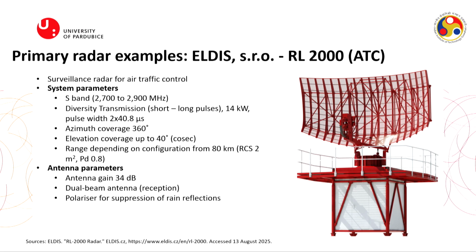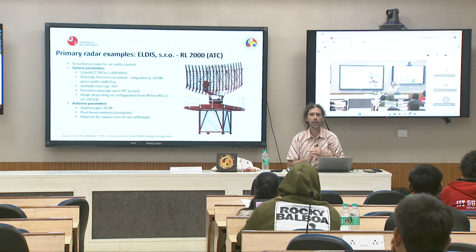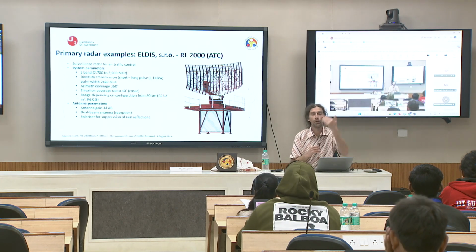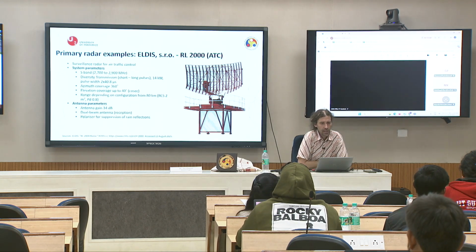So you think, oh, it is really big power. Why? Because this pulse is really short. It will be some microseconds, or some 200 nanoseconds or something like this. So it is a big peak power, yes. Also this radar has azimuth coverage of 360 degrees.